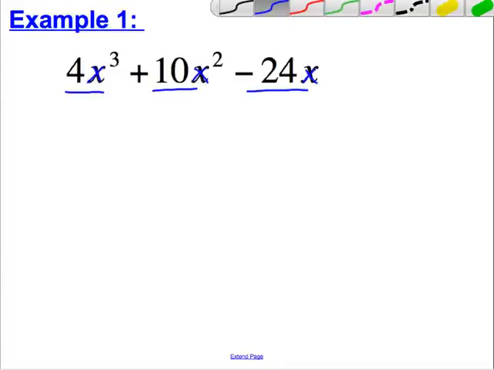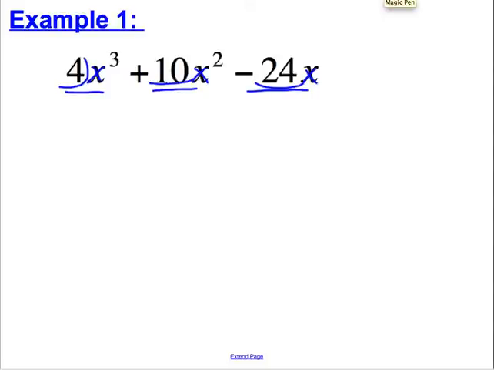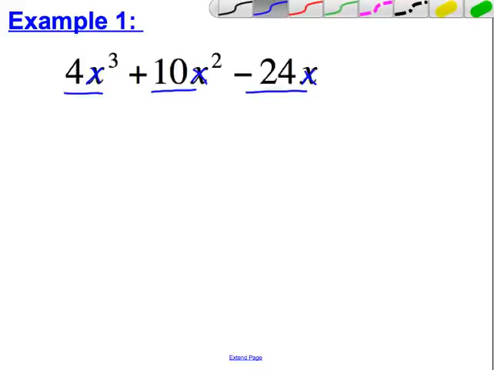The next thing they have in common is that each of these numbers is divisible by 2. The 4, the 10, and the 24 are all divisible by 2. So what I'm going to do is I'm going to factor that out to start my problem. So I'm going to take a 2x out because 2x goes into each of those. 2x times 2x squared equals 4x to the third.